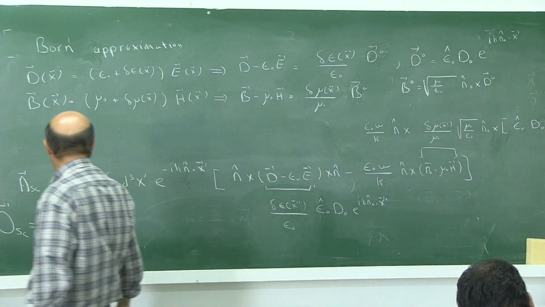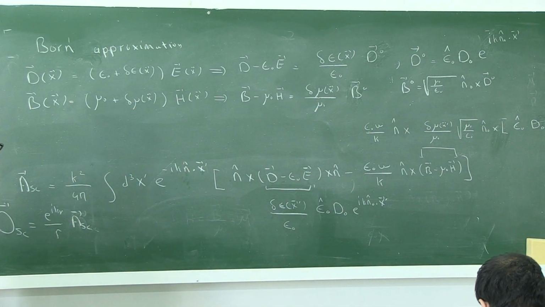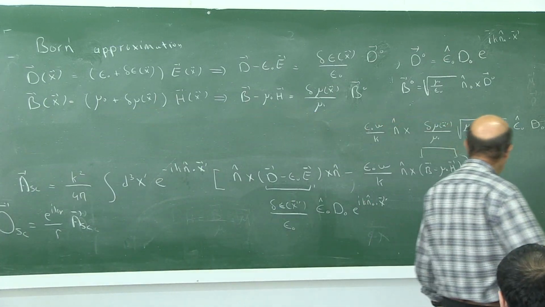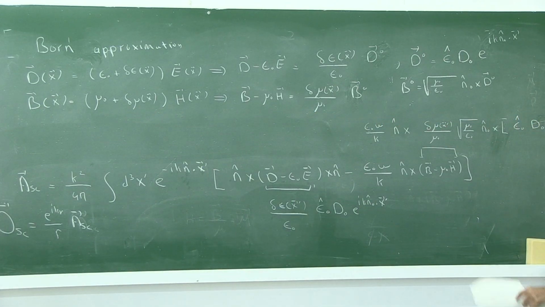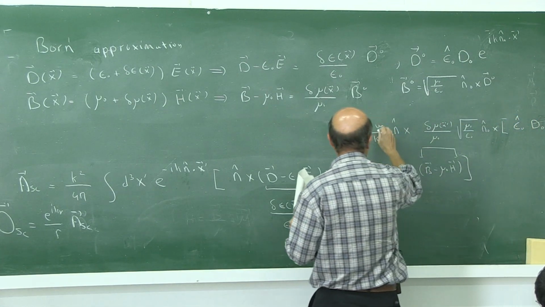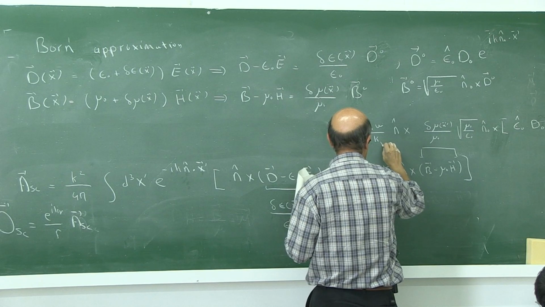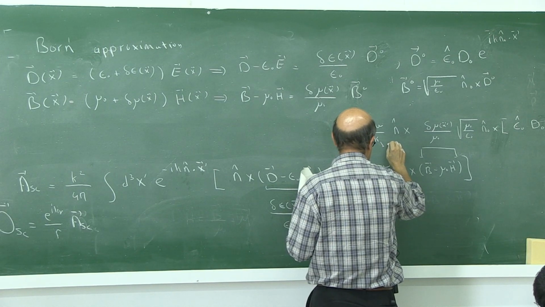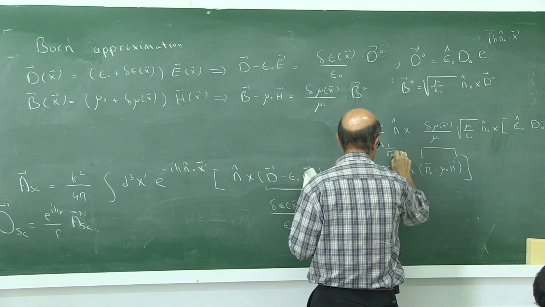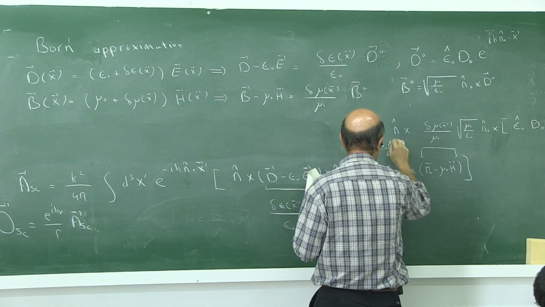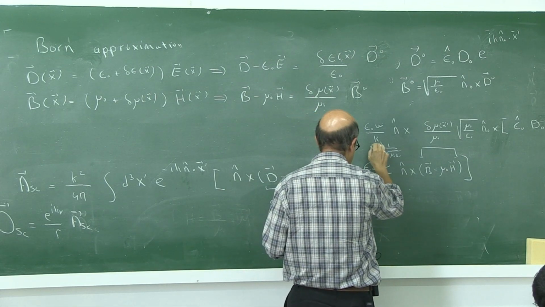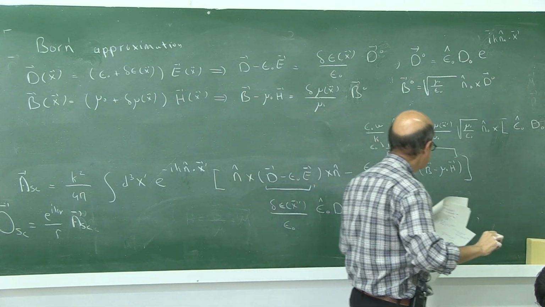Now I should do one more thing. So let us play with the coefficients, then do one more thing. What are the coefficients? Omega over k is what? c. c is 1 over square root of mu 0 epsilon 0. That is omega over k. You have epsilon 0.